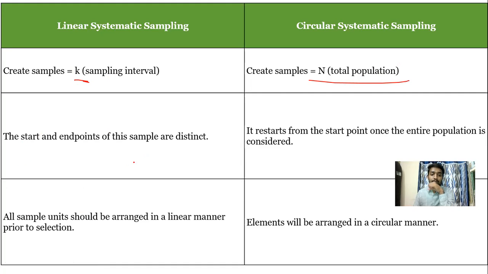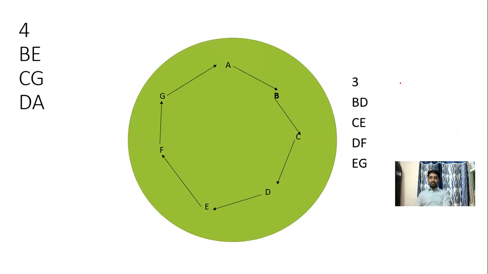Then the start and end points of the samples are distinguished. That means they are different. But what happens here? It restarts from the start point. I'll take you back to the example. See here, A. That's why I mentioned it in the circular way. So you can see the process is continuing here. Even if it reaches A, we will continue the process until we get the maximum responses we need.